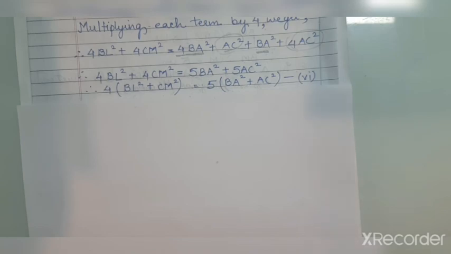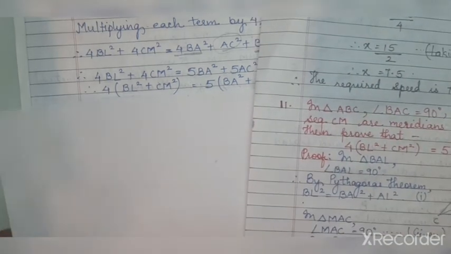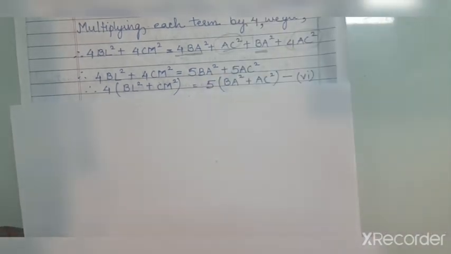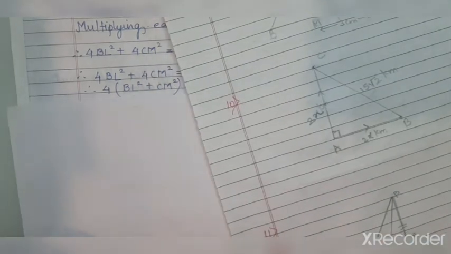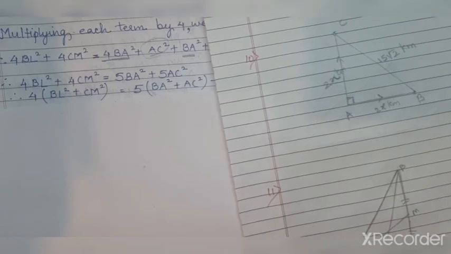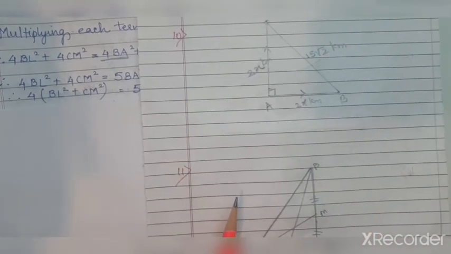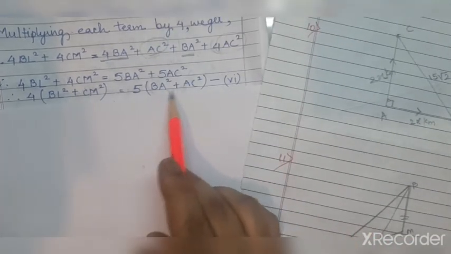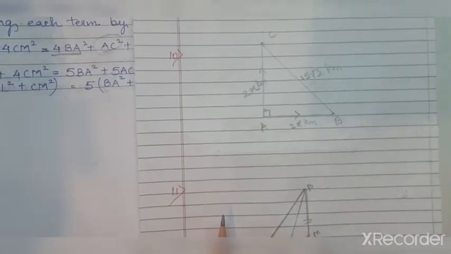Going back to the figure, if I show you the figure, just look at the figure. What is BA square plus AC square? We have to remove this, correct? Look in the figure.